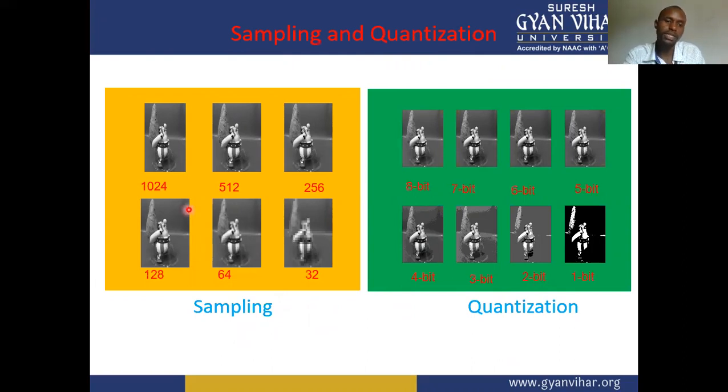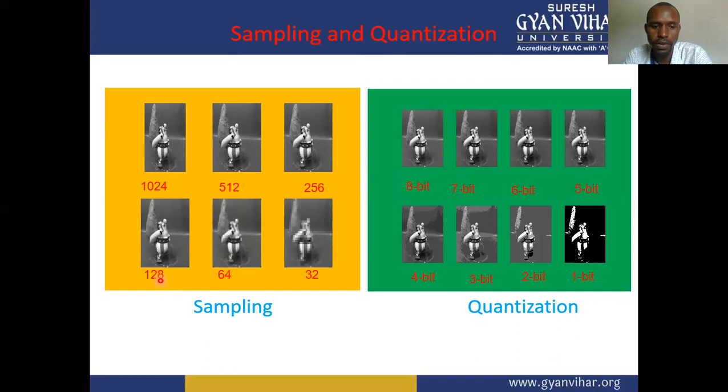Now, what are these values that we are having here? When the coordinate values are at 32, so these are lower coordinate values, then we see that this is the image that we get. As we increase the coordinate values, the image stops being blurry and starts to increase in quality. The clarity of the image increases.